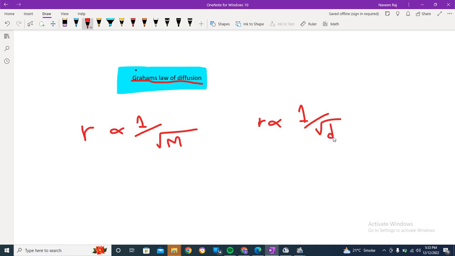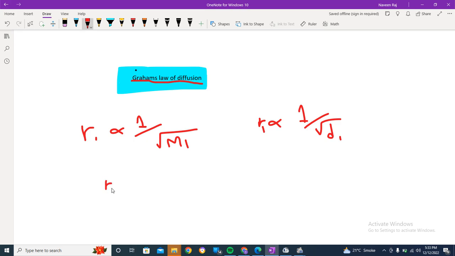Now if you have two gases and you want to compare the rate of diffusion, you will say R1 is inversely proportional to 1 over the root of M1, and R2 is inversely proportional to 1 over the root of M2. You can use any method, depending on the data given in the problem.